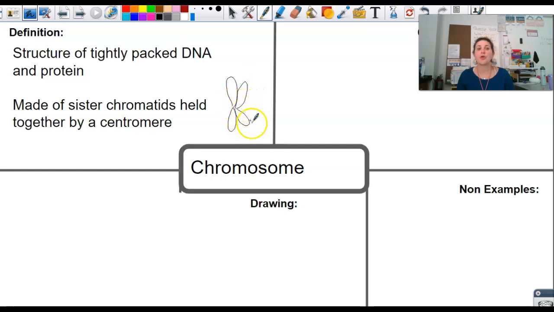That's the other chromatid. That's the centromere that holds them together. Sometimes chromosomes are single chromatids, sometimes they're double. We'll learn about that when we do more of the function. But what a chromosome is, it's just a specific structure of DNA.